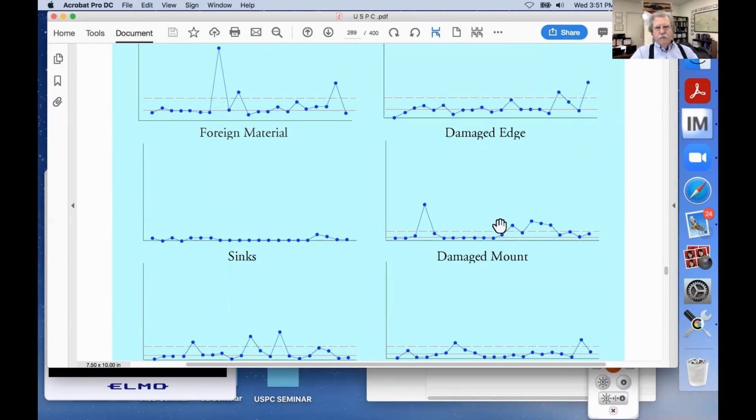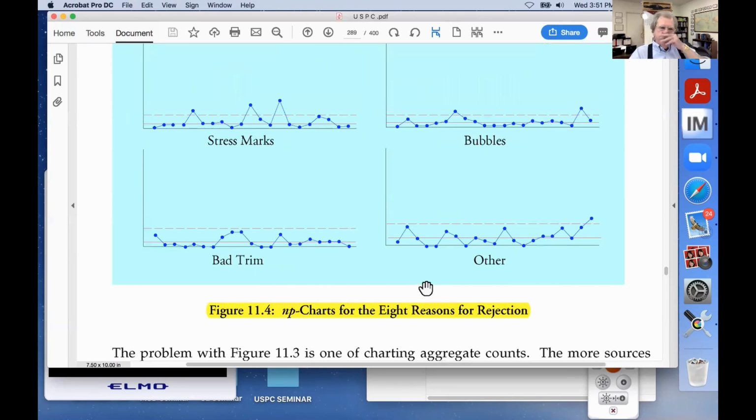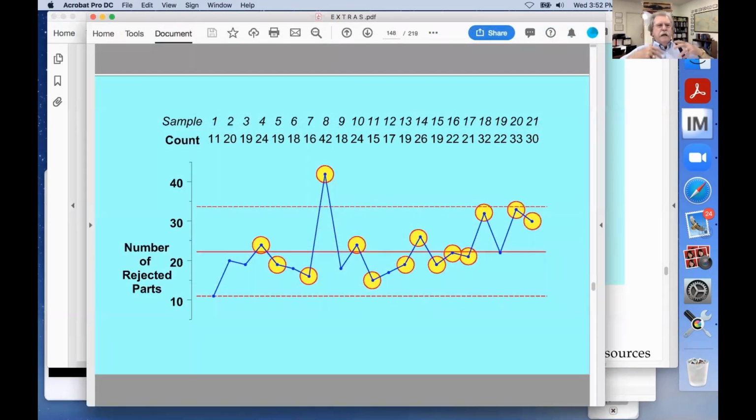Damaged mount, 5 out. 2 out for stress, 2 out for bubbles, 1 out for other. This is the chart on page 288 with all of the signals from page 289 marked.